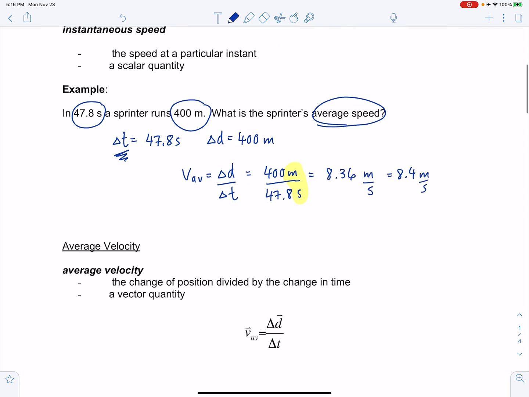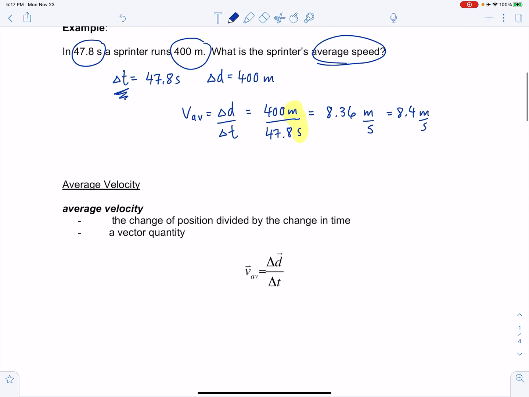Let's define average velocity. Average velocity is defined as the change in position divided by the change in time. And it is a vector quantity. If you look at the equation, it kind of resembles the one for speed above, except that this quantity has an arrowhead on top of it, this arrow, which implies that it's a vector.